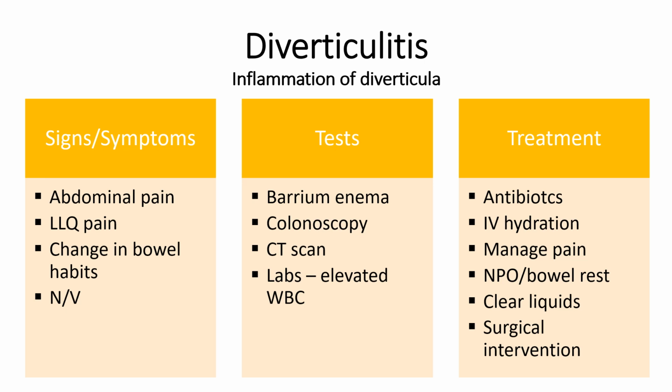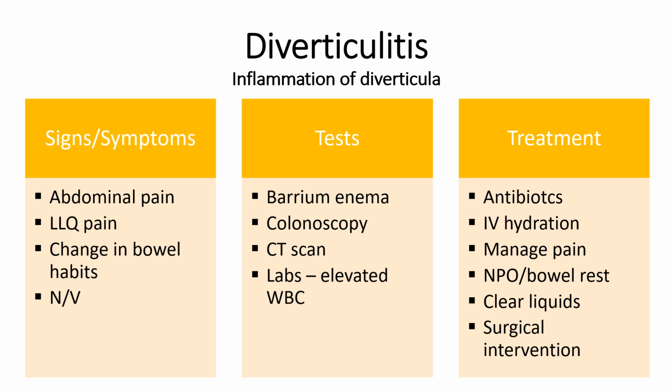Diets that have a low fiber content, seeds, or nuts are culprits of the cause. So, diverticulitis is inflammation of the diverticula. Diverticulosis is having diverticula, so it's a condition of having diverticula.